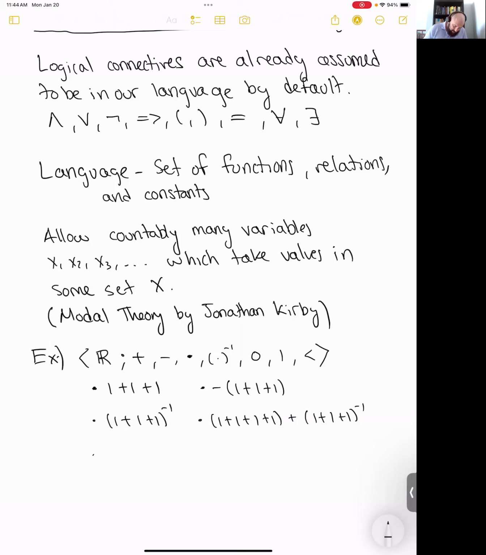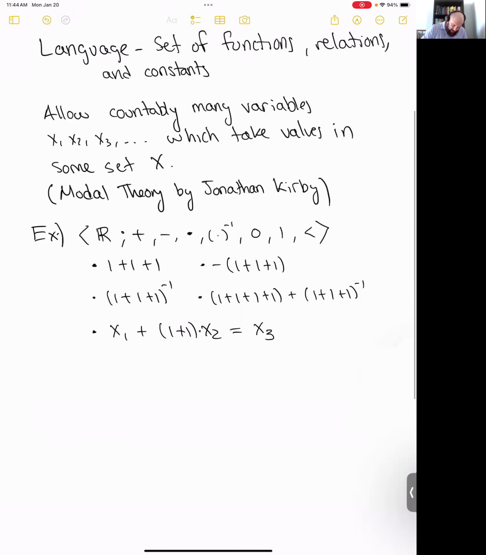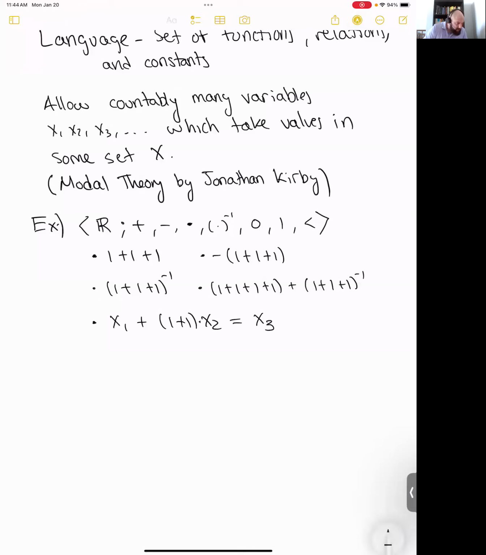Okay, what else can I do? I can also form stuff like this: x1 plus 1 plus 1 times x2 equals x3. I can form that sentence. What else? Just to give some more examples, I can also quantify things.